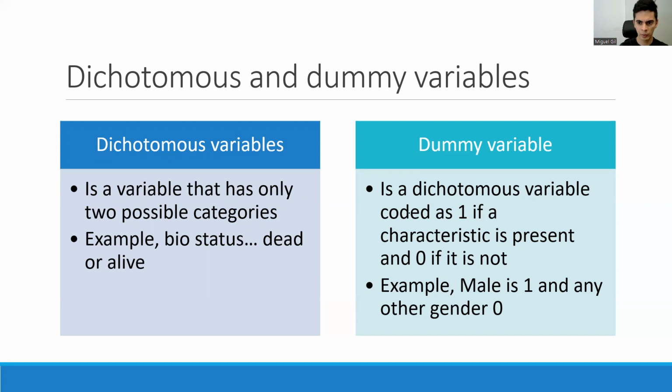And the other, the dummy variable, is also a dichotomous variable, but we call it 1 and 0, where 1 is that we have that and 0 is the absence of that. So, for example, in the gender case, we can say that male is 1, that we have male, and 0 is the absence of male.